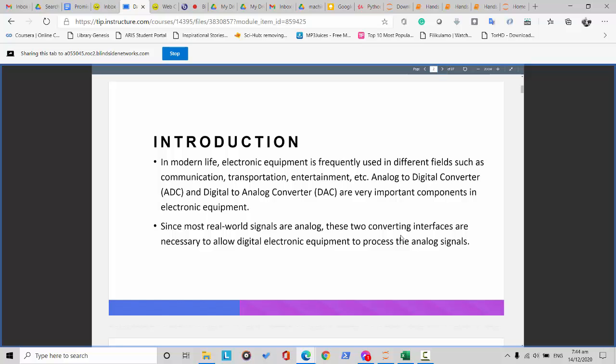And as you can hear from the background, you may hear some roosters. So they are also analog signals. That's one of the examples in the real world where we can hear analog sounds coming from people and from animals. These two interfaces, the ADC and the DAC, allow digital electronic equipment to process the analog signals.